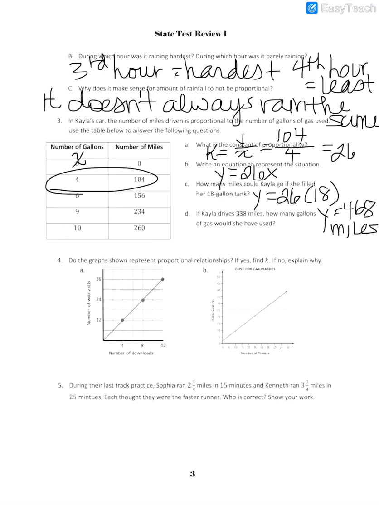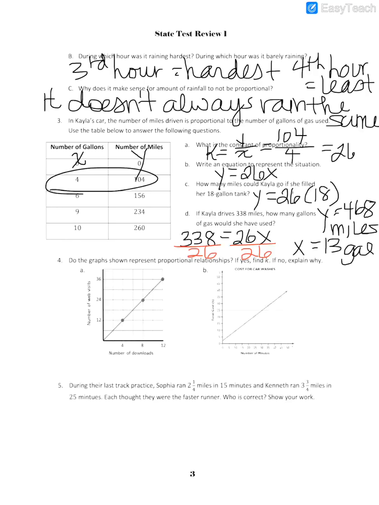Okay. And then for D, if Kayla drives 338 miles, how many gallons of gas would she have used? So since miles is my y, I'm going to plug in the 338 for the y. And so what that means is that I actually have to divide by 26 to figure out my answer. And that would be 13 gallons.